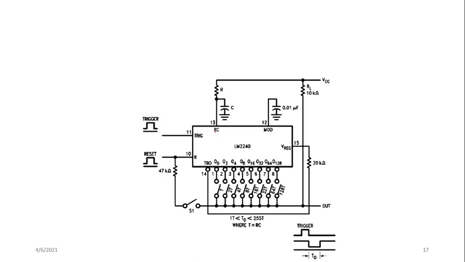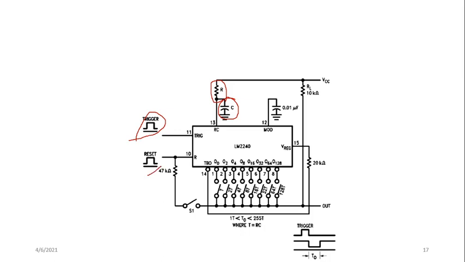This is the RC pin where we are connecting R and C. R is connected to the VCC and C is connected to the ground. So this is the RC terminal. Trigger input: here we are giving the pulse which will initiate the timing sequence.